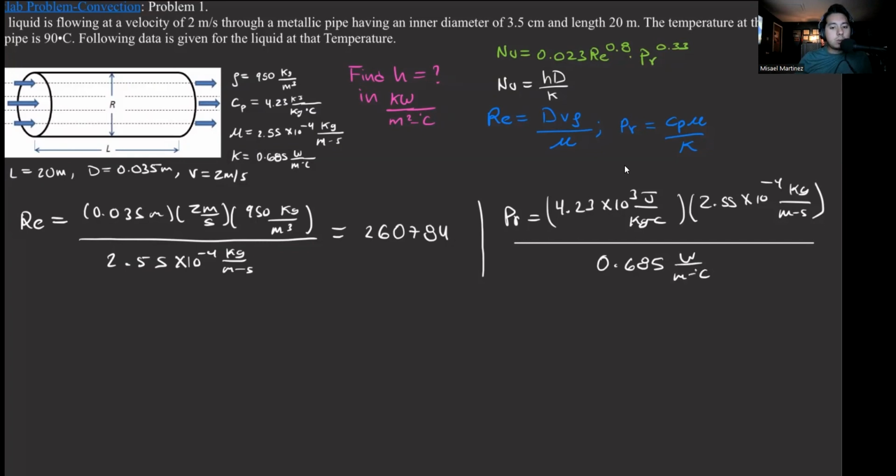If we plug this in, we get our Prandtl number to be 1.575.